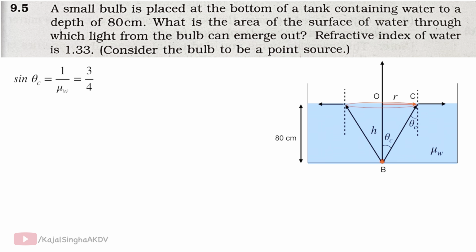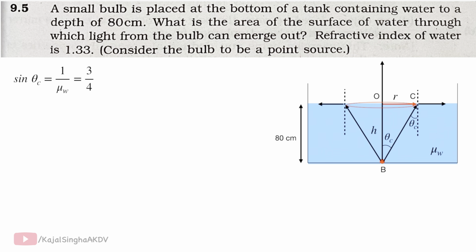Now at point C, if we apply Snell's law, we can have mu w sin theta c equals 1 into sine 90 degree. Here we have taken the refractive index of air to be 1, and here angle of refraction is 90 degree.